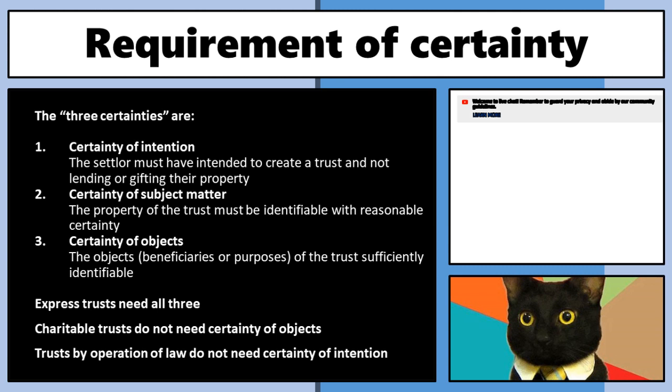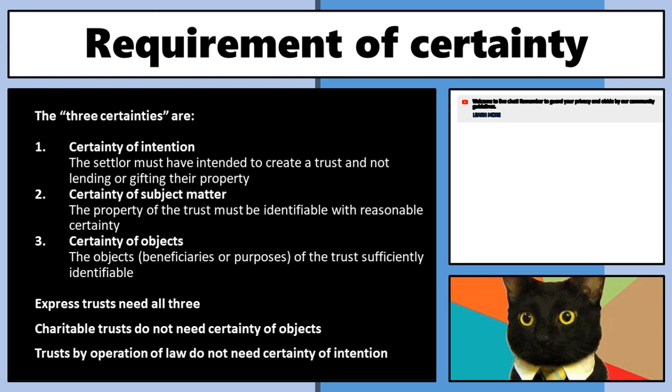When we're looking at trusts, in particular discretionary trusts, this certainty of intention for creating a trust is the intention of the settlor for trusts that we create. Trusts by operation of law don't have a settlor. And in terms of intention, often a trust by operation of law can occur in situations where neither side in relation to that trust actually intended for there to be a trust relationship.